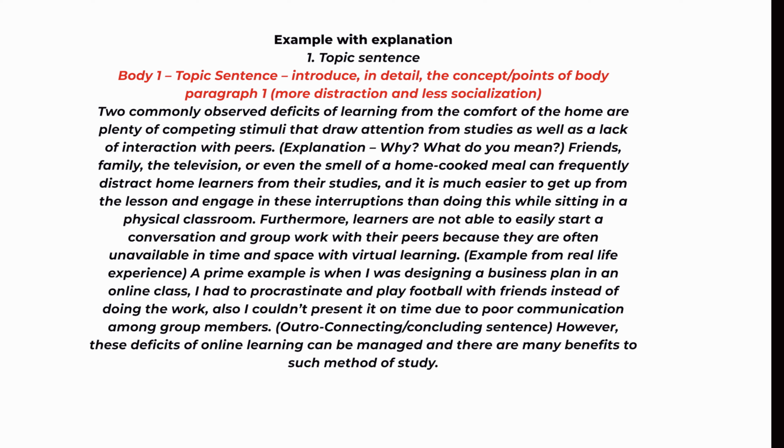So this is my explanation, and I went further to explain that furthermore, learners are not able to easily start a conversation and group work with their peers because they are often unavailable in time and space with virtual learning. So I was able to explain my topic sentence in two sentences, and now the next thing I will do is to give an example.